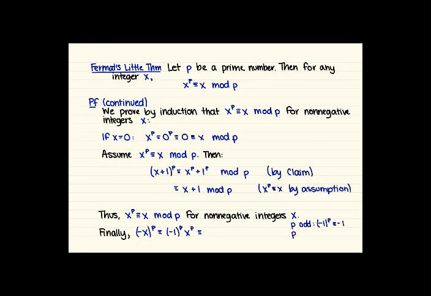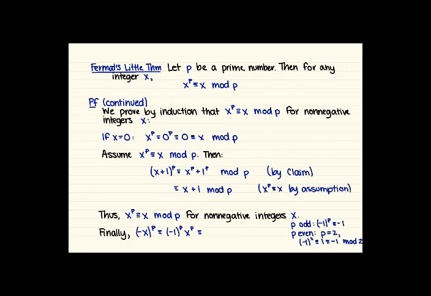If p is even, then we know that the only even prime is 2. So then minus 1 to the 2, that's 1, but mod 2 minus 1 is congruent to 1.